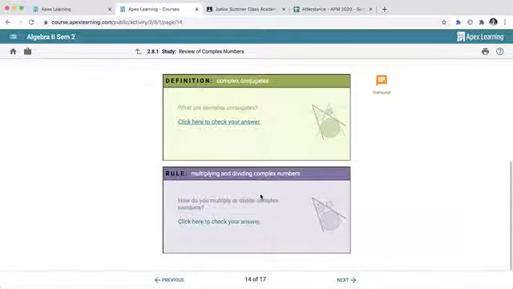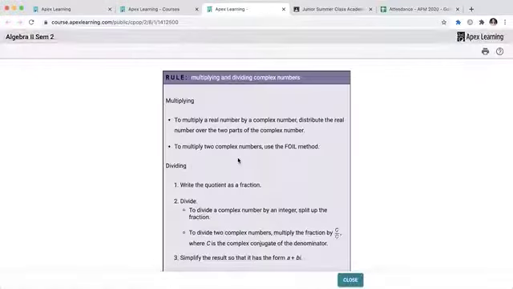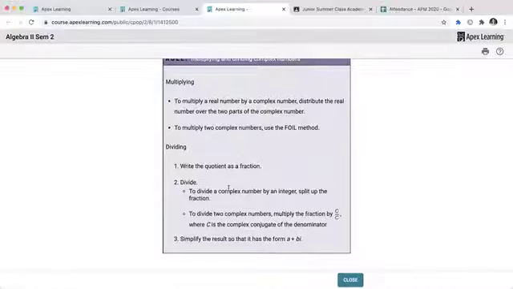And then to multiply or divide the complex numbers, I think they only gave us a couple steps, but we know that obviously there were more steps involved. If we looked at multiplying, if we had our complex number multiplied by a real number, we just distributed that real part out.